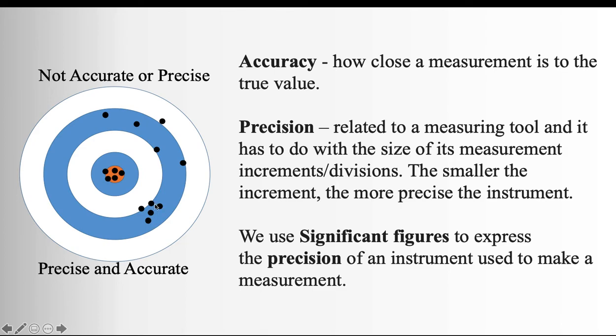So if I repeat the same measurement several times and I get very close answers, but they're not, so I'm precise, but I'm not accurate because I'm not close to the true value, that means that I am probably making a human error instead of an instrument error. If I'm all over the place, then it's kind of both.